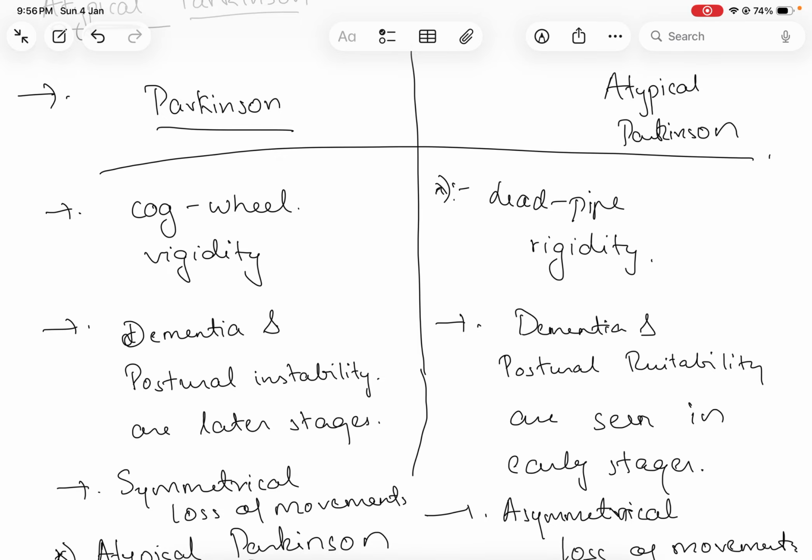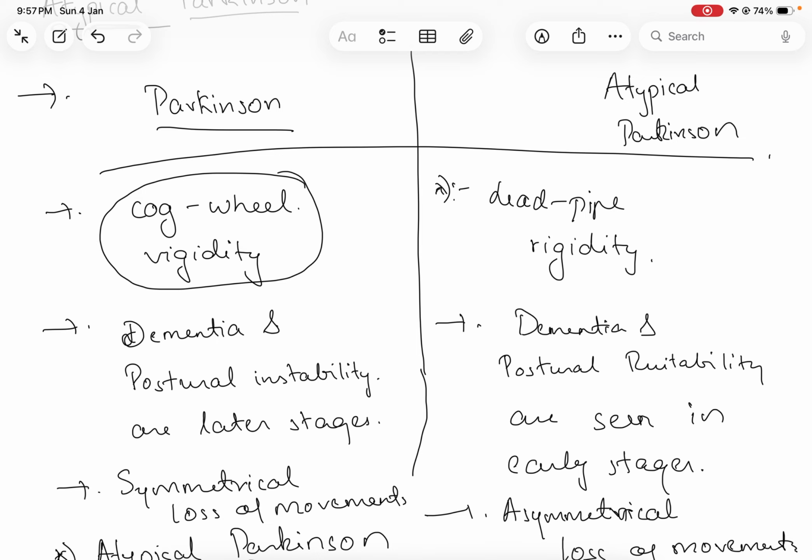In Parkinson's disease, there is usually cogwheel type of rigidity, meaning the onset of rigidity will be early, and it will be of the cogwheel type. And talking about atypical Parkinsonism, it is a kind of lead pipe rigidity.